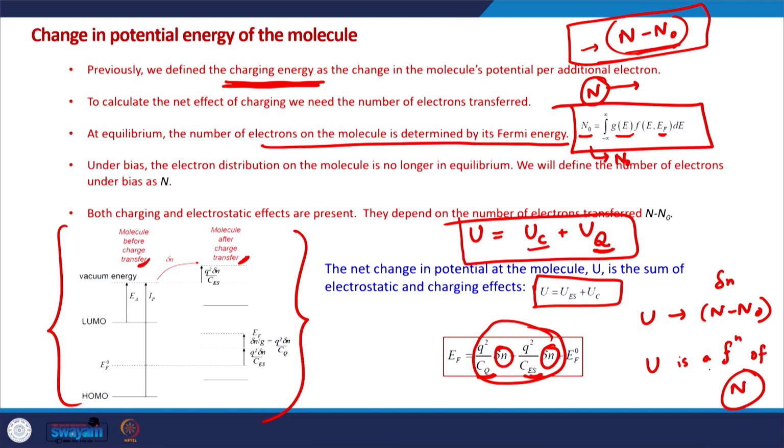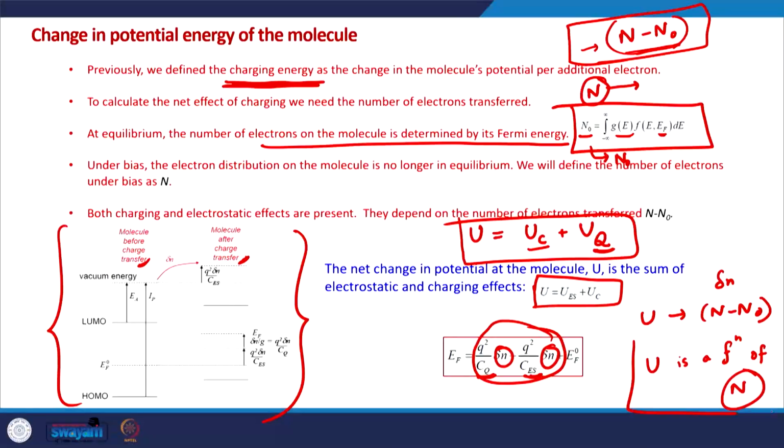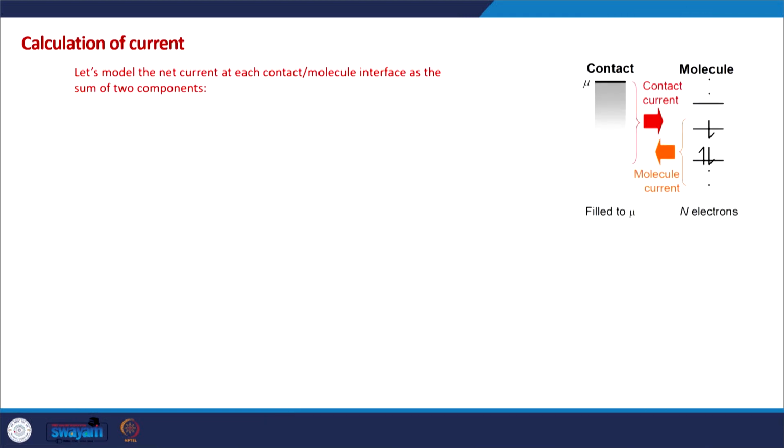N is the steady state number of electrons on the quantum dot when a drain voltage is applied, when there is a bias across the quantum dot device. Please keep this in mind, that the potential energy of the quantum dot is a function of the steady state number of electrons on the quantum dot. Now with this, we are in a position to calculate the current across this system.